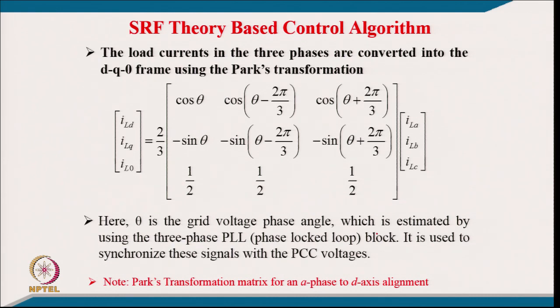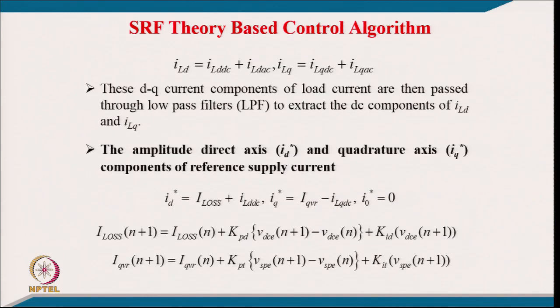Note the Park transformation matrix for the ABC to DQ alignment, and you again get a DC component and an AC component. The DC component is the active component of the load and the reactive component of the load, and you can filter them with your low pass filter to get the DC components for the active and reactive components. Then you have the DC active component, the loss plus the fundamental active current of the load, and similarly the quadrature component, D-STATCOM minus the load, which has to be fed locally, and the 0 sequence is 0.